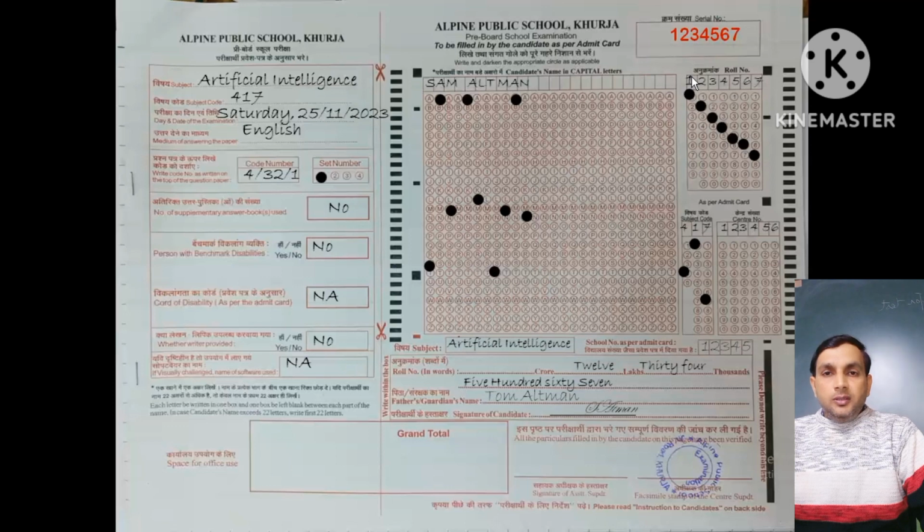Do not change the sequence of the questions. Write properly. Your writing should be neat and clean, and follow the specific instructions, if there is any instruction provided by your invigilator at that time. So all the best for your exam.